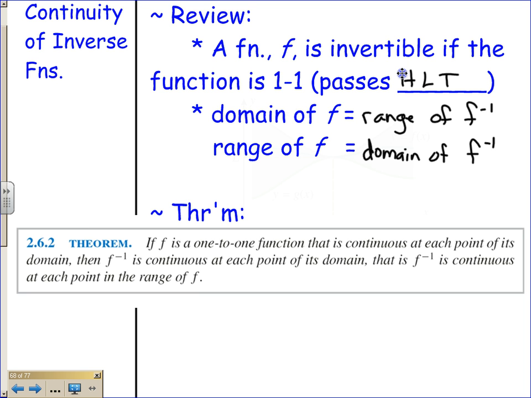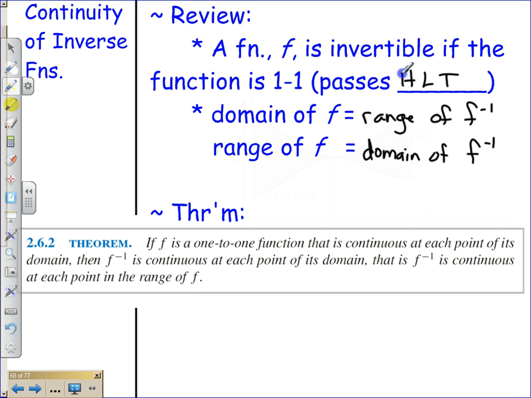If f is a one-to-one function, aka its inverse is a function as well, that is continuous at each point of its domain, then, as long as f is continuous and one-to-one, f inverse is continuous at each point of its domain, so f inverse is continuous at each point of f's range.